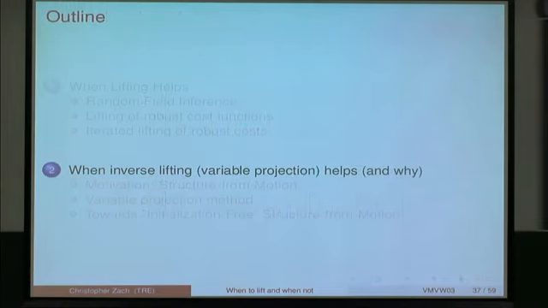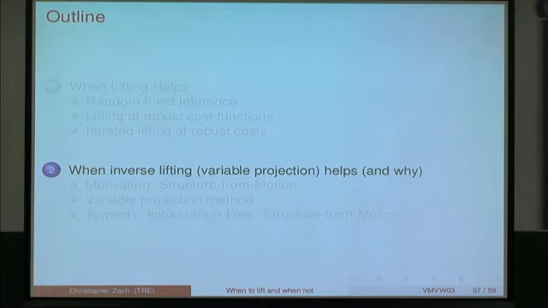So generally, the message is always that you make the problem structure richer in your unknowns. That should always help. Like for random field inference, where you lift it to a high dimensional space, or for robust cost functions and many other situations.